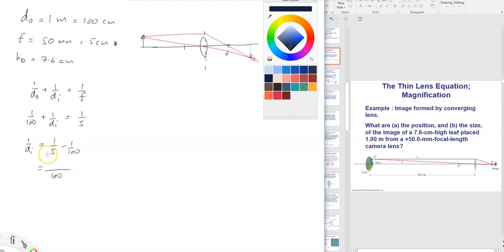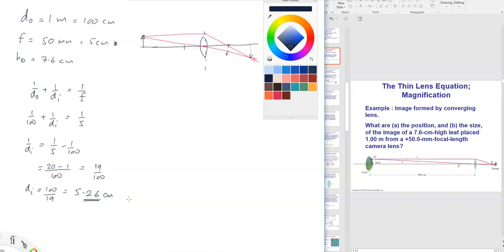Common denominator 100, 5 times 20 minus 1, we have 19 over 100. So DI is 100 divided by 19, so that's going to be 5 point something. I think, yeah, it gives you 5.26 centimeters, the positive number.